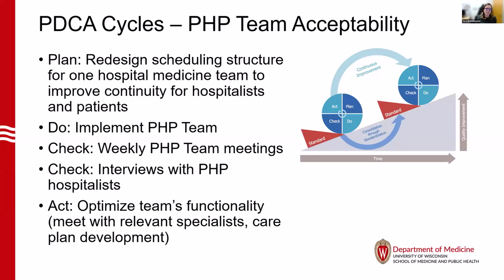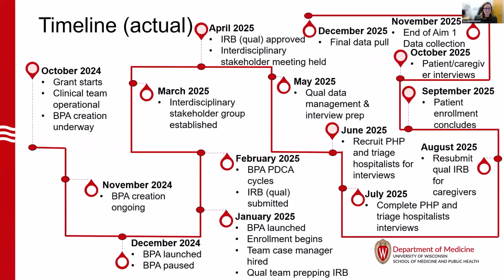We met with various specialists whose patients we were seeing more frequently. For example, there are some patients with sickle cell disease, so we met with the sickle cell experts. We also had some meetings with the ER team about how they address patients who are more frequently hospitalized and dealing with care plan development.